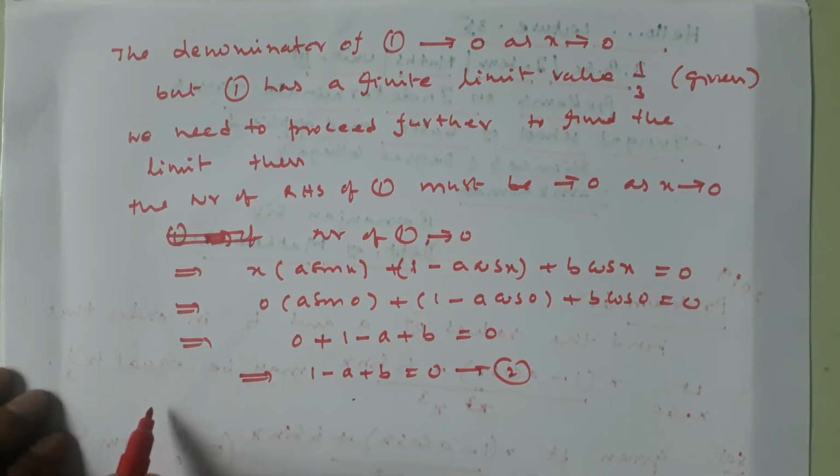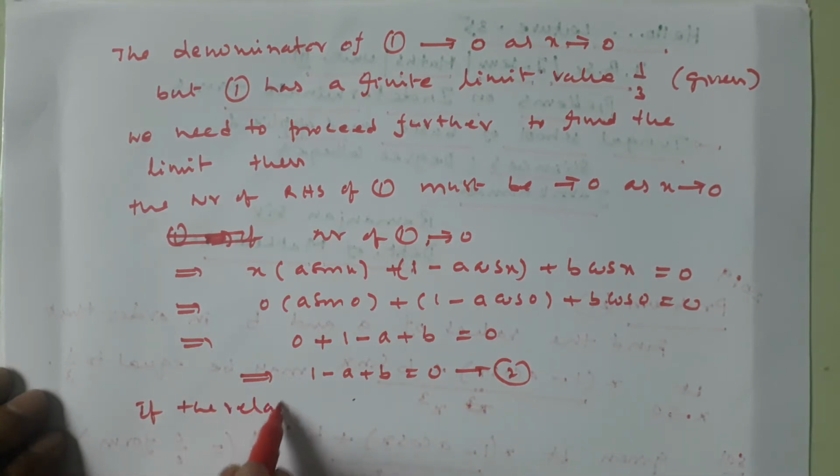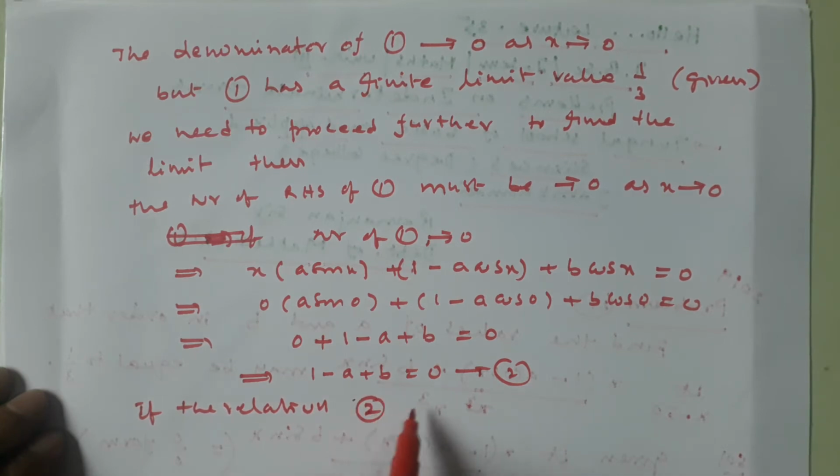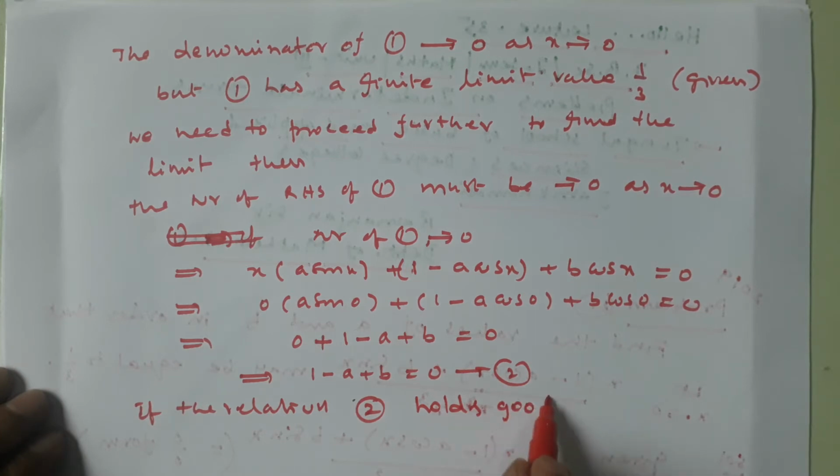Next, if the relation 2 holds good, if this is true, the numerator will be equal to 0.